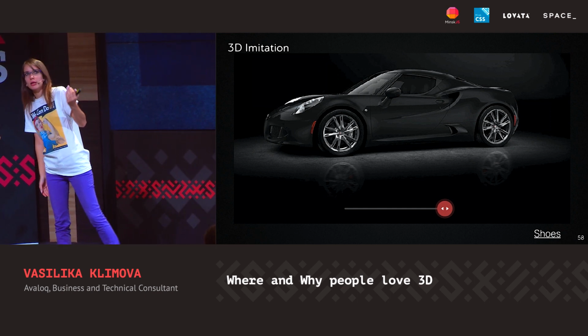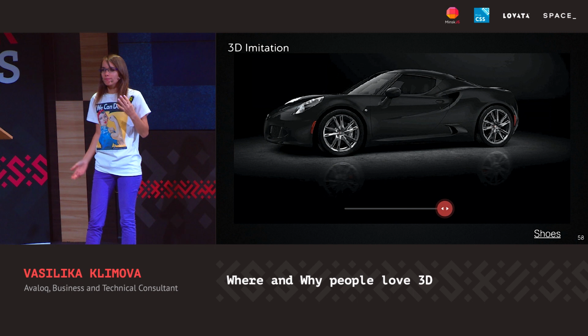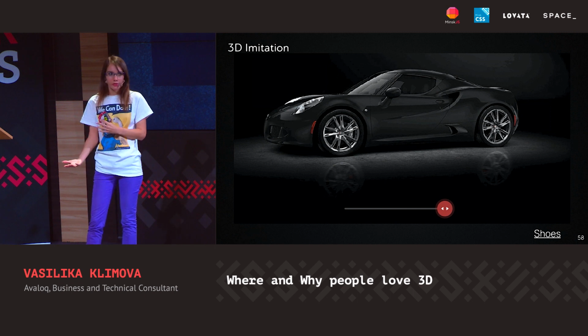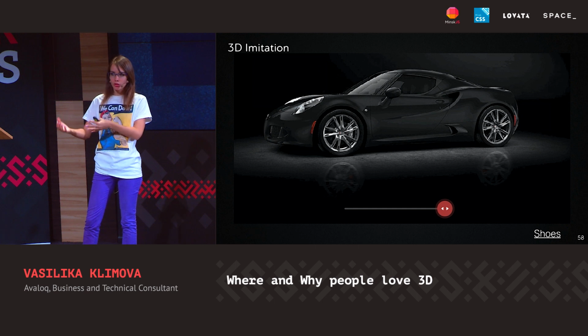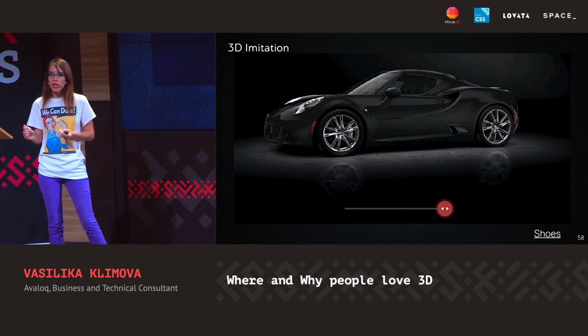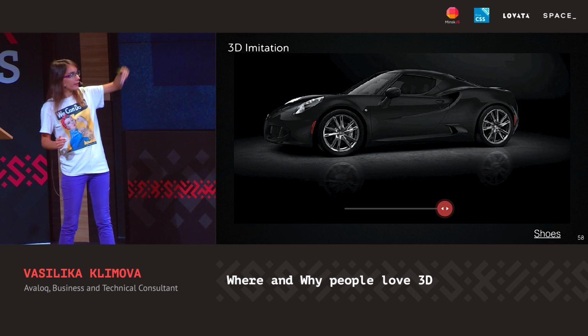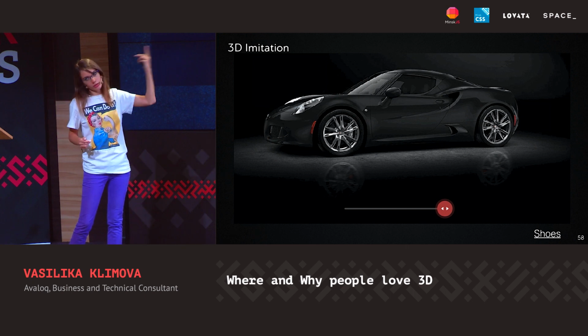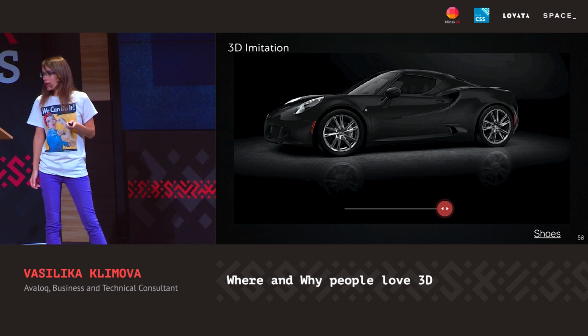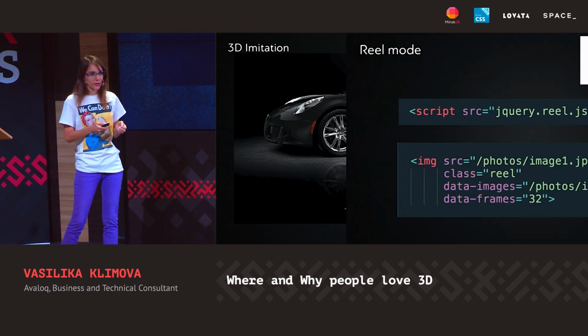And actually sometimes people don't understand: is it real 3D or is it pictures? If you have a very big bunch of pictures, it could look like real 3D. And you can also do it in a vertical and in a horizontal way. Okay.